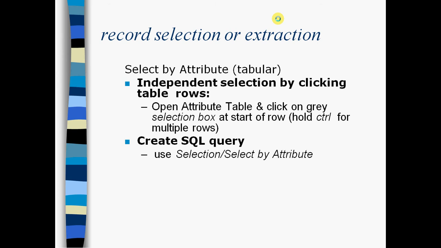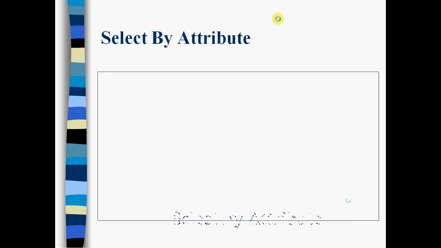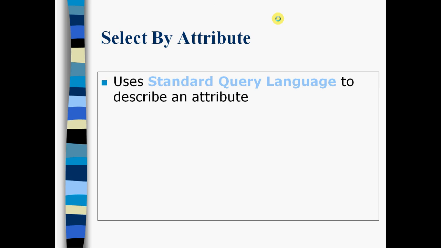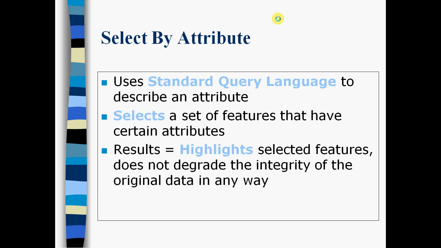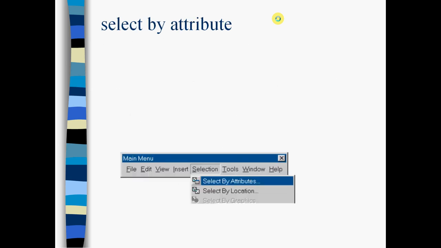This allows you to say something like, select all of the features that have a size greater than 100. Size greater than 100 is a simple form of an SQL query. These are just a summary of what happens when one selects by an attribute.